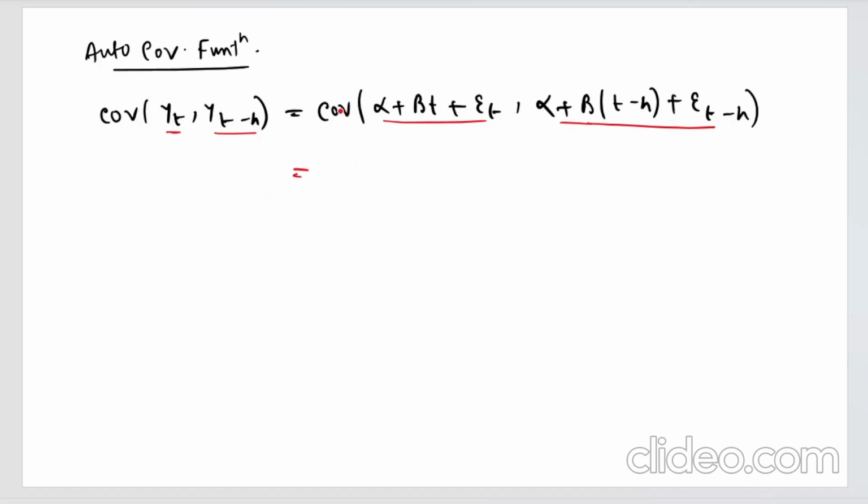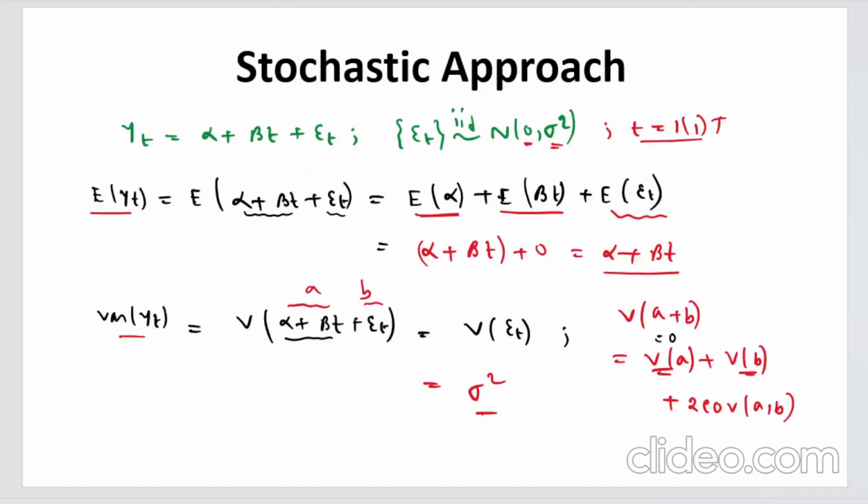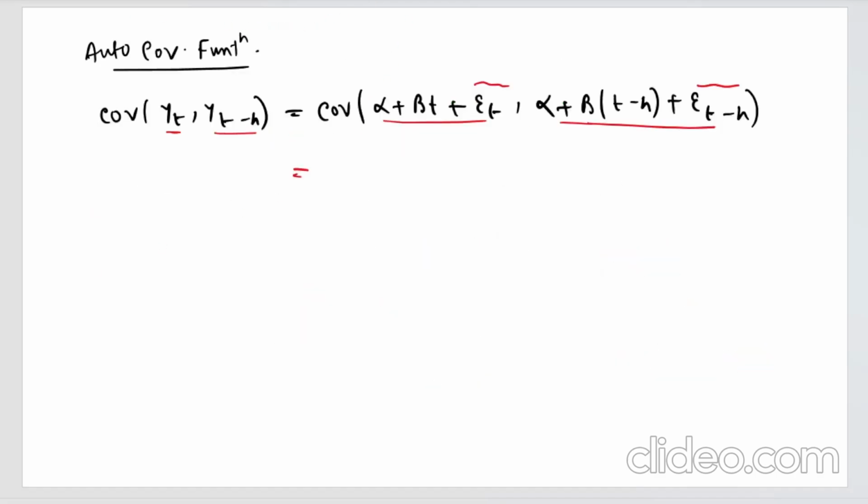Now how do you find out this autocovariance? Again, the autocovariance will be on the random component, because as I have told you, let me write this property somewhere. So just remember these two properties: the covariance of a constant and a constant is 0, and the covariance of a constant and a random term is also 0, right?